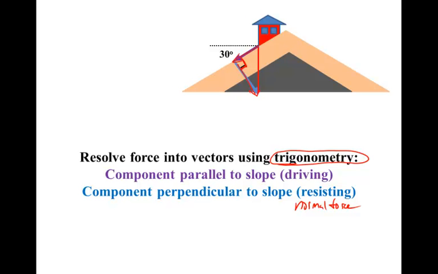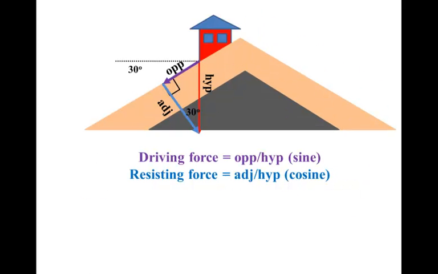That means the relative magnitude of the driving and resisting force, the vectors, can be calculated using trigonometric functions like sine and cosine that relate the sides of a right triangle. Now, because of the congruence or symmetry of angles in a right triangle, this angle, the slope angle, is the same as this angle.